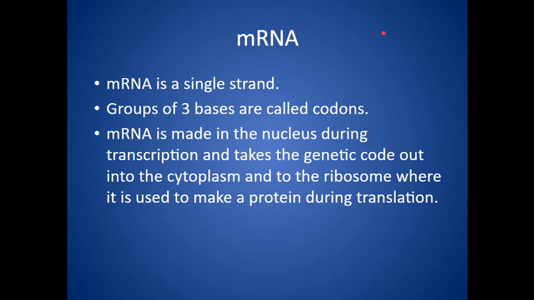So mRNA is single-stranded, because it's RNA. Groups of 3 bases are called codons. Now that's really important when we're looking at mRNA, because mRNA is actually that transcript of the DNA molecule itself, or that copy, and 3 bases of the messenger RNA is the codon, which is actually coding for the amino acid.